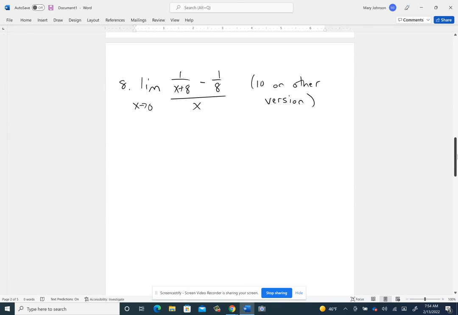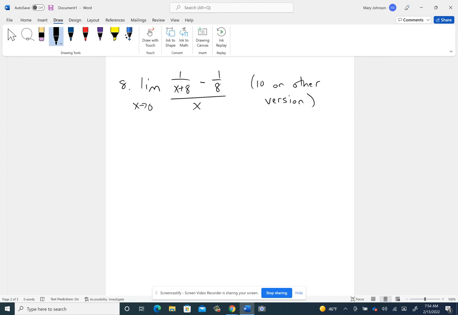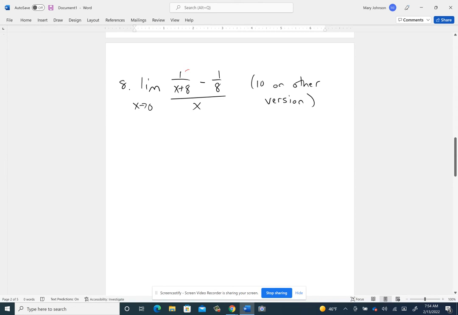Now, number 8 on one version and 10 on the other involve these rational functions that we sometimes get. So here the algebra was a bit of a challenge. So we would multiply by the least common denominator, which is 8 times x plus 8. We're multiplying the entire numerator, so it got distributed to both terms, and we have to multiply the entire denominator.